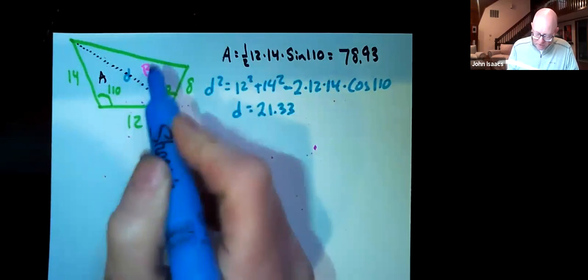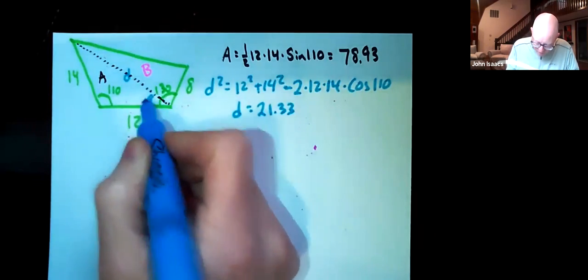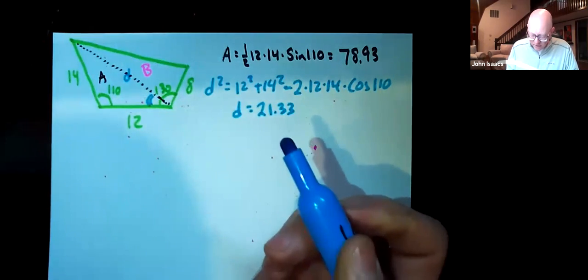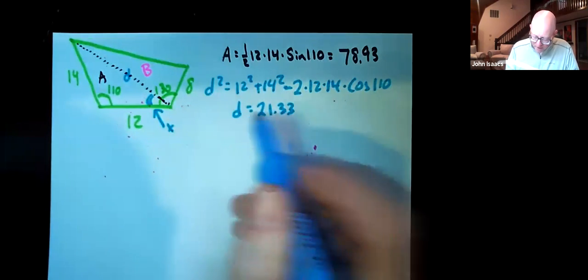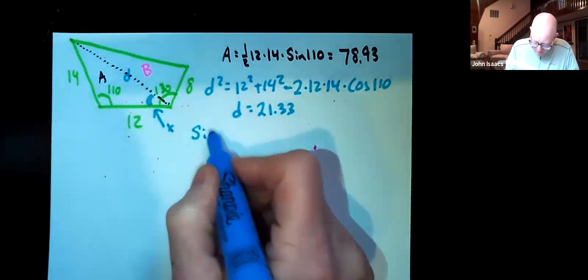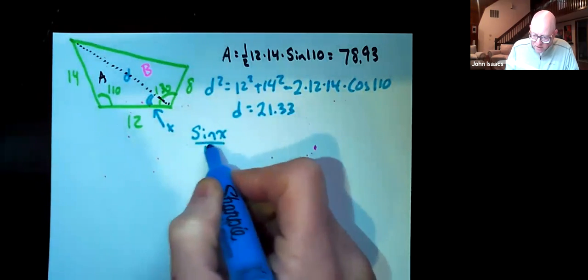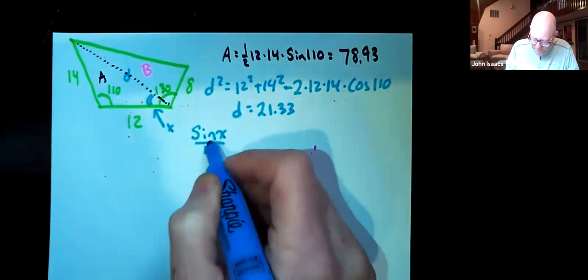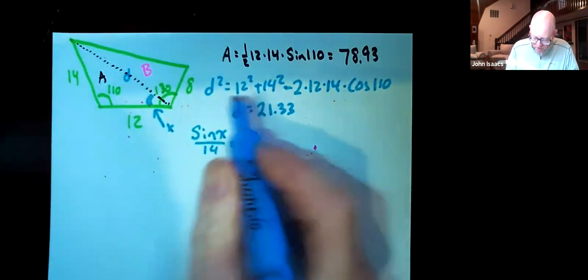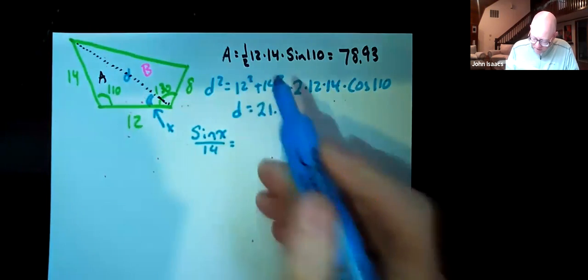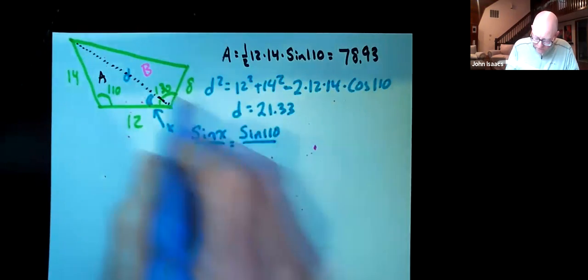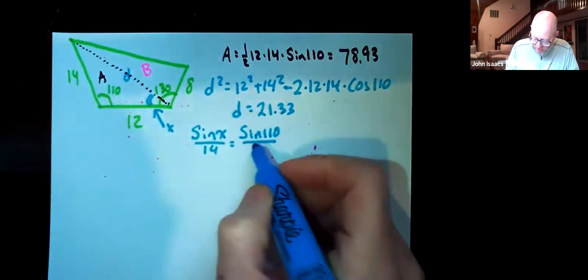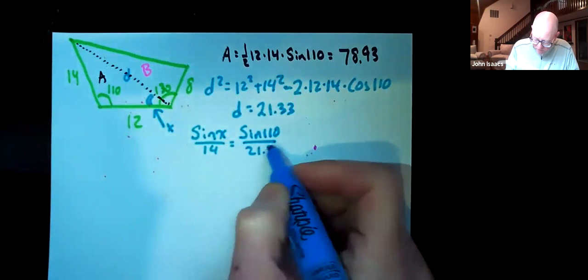Now we also have to figure out this angle. I'm going to figure out this angle right here. Let's call that angle X. So let's see, sine of X over 14 is equal to sine of 110 over side D that we just figured out, 21.33.